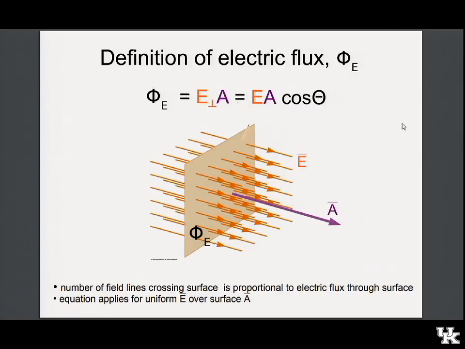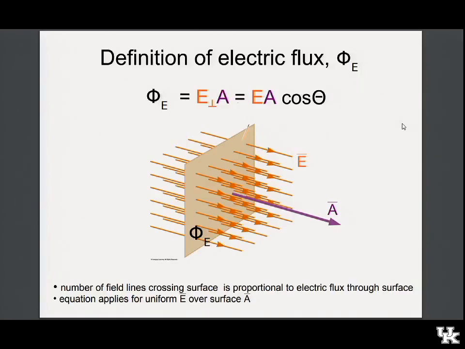So if it was a greater area surface, it would be a longer vector. If it's a smaller surface, it would be a shorter vector. The orientation of that vector A describes the orientation of the surface. That vector A, as you see in the sketch, is at right angles, perpendicular, 90 degrees to the surface.